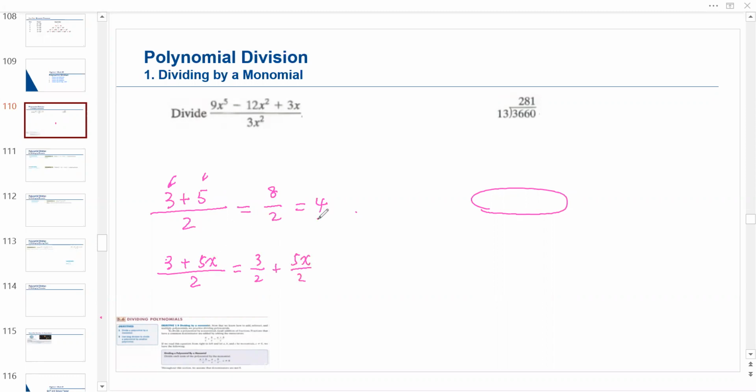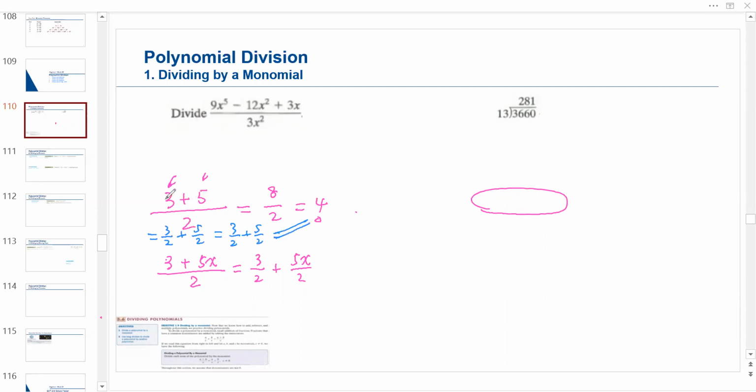Just like this 4, we can do it a different way. This equals 3 divided by 2 plus 5 divided by 2, separately. Here is 1.5, here is 2.5.